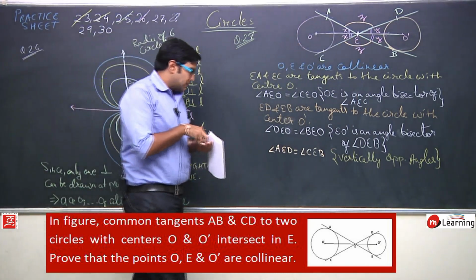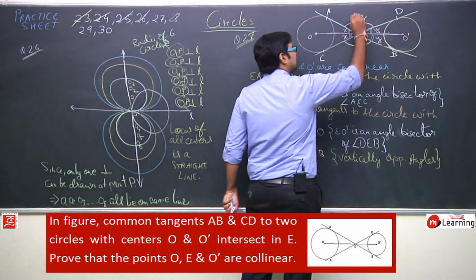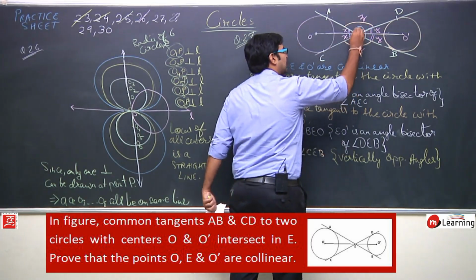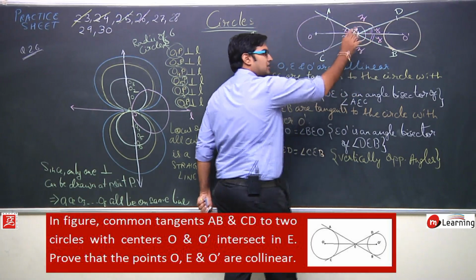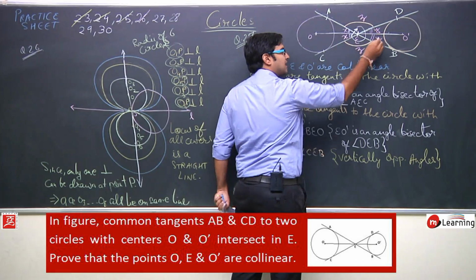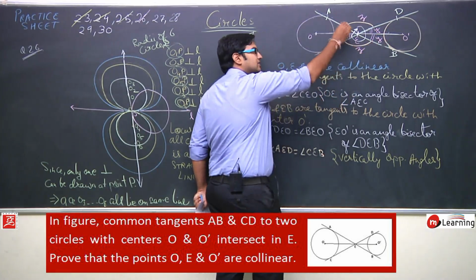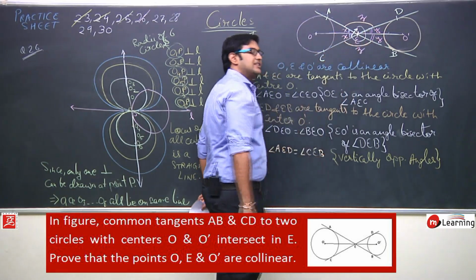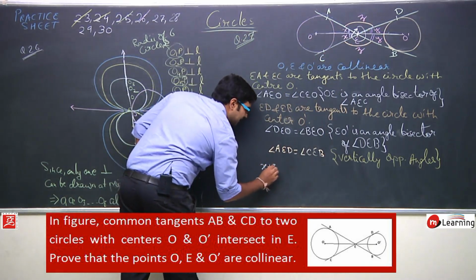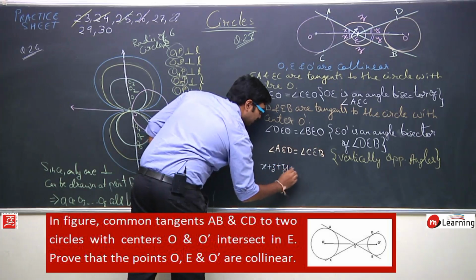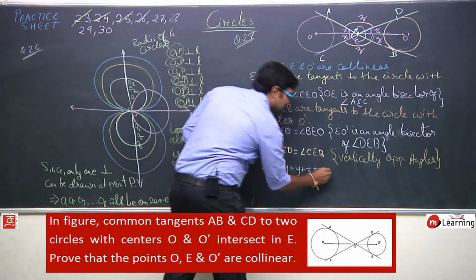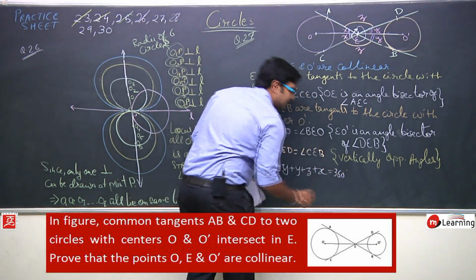Now you can see that this is a complete angle. So it means angle X plus Z plus Y plus Y plus Z plus X, this must be equal to 360 degrees. What I can say is X plus Z plus Y plus Y plus Z plus X is equals to 360 degrees.